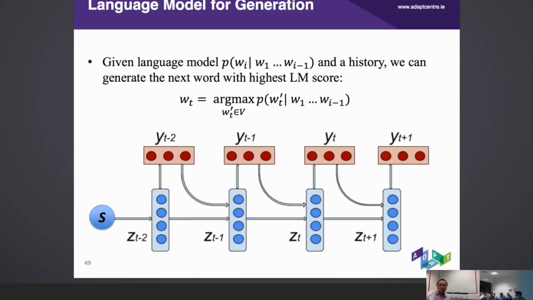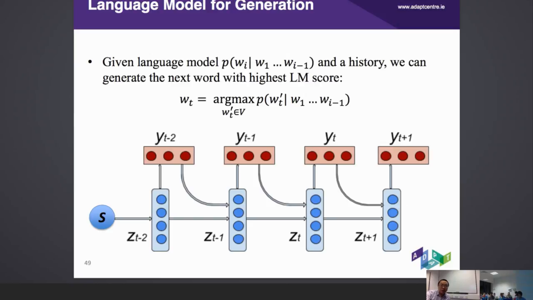The neural language model can not only be used to encode, but also for text generation. Here, with the graph, we show how to generate a sentence. Given a start state, we can generate a state and a distribution over the vocabulary of the output word, and then we can select an output word.